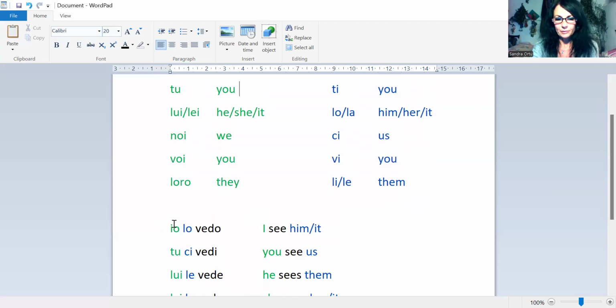So remember the green ones are the subjects, so the ones who carry out the action. The action is the verb, and the direct object pronoun instead is the object of the sentence. So it's the object of the verb.